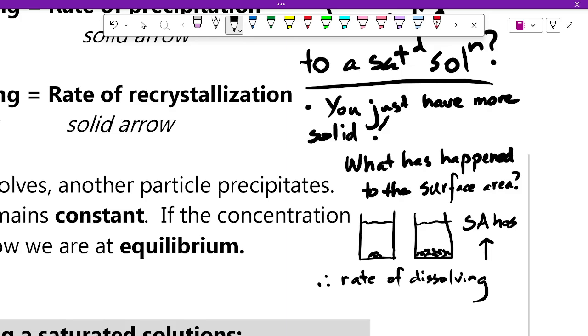What happens to rate when you increase surface area? It increases, because there's more area for the particles to dissolve off of. Yes? You can imagine if you had a single solid crystal down at the bottom, you couldn't get much dissolving happening, could you? But if you had a whole pile of them, you could get a lot more dissolving. What has happened to the rate of recrystallization?